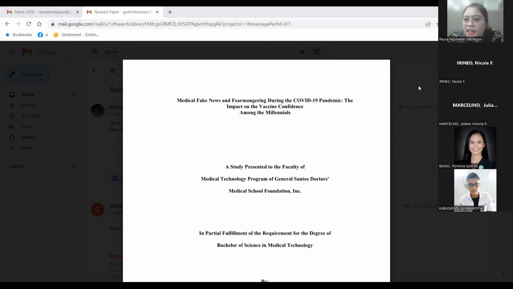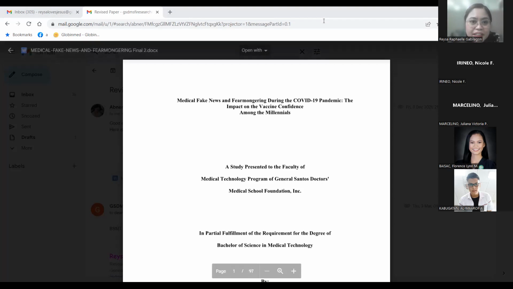Kasi pwede nating i-research and pagpilian kung ano yung i-include natin, example sa questionnaire. Ano kaya yung ating independent variable dito? Anyone? Sige.